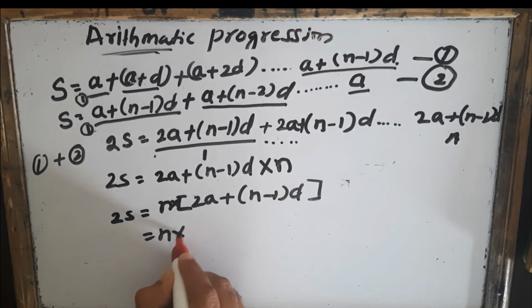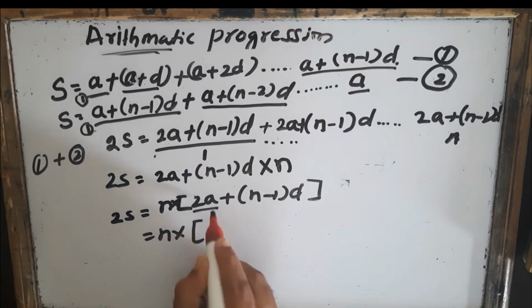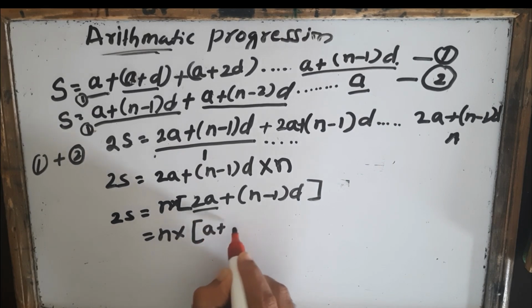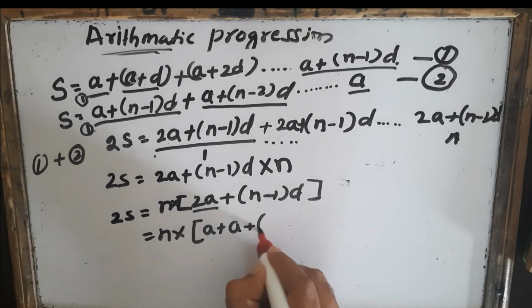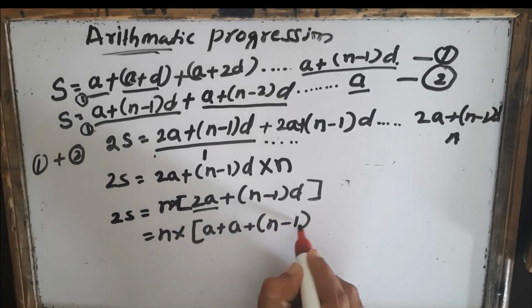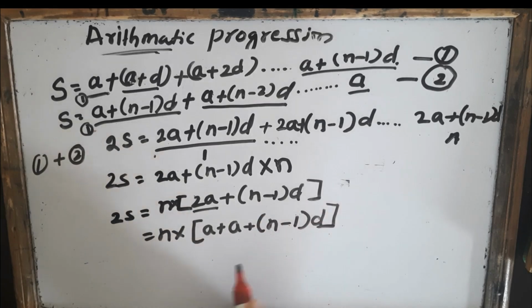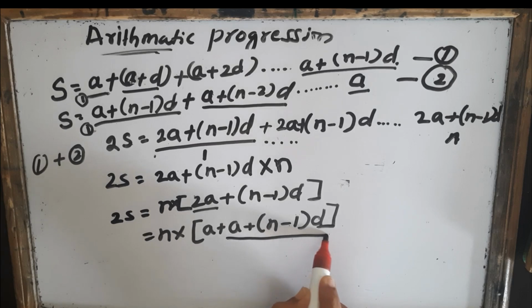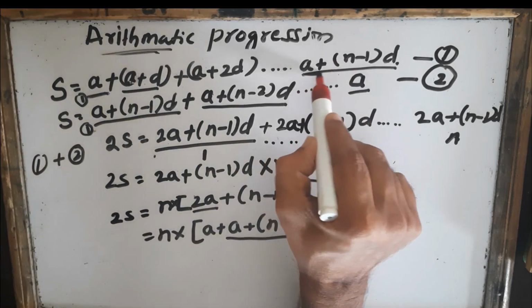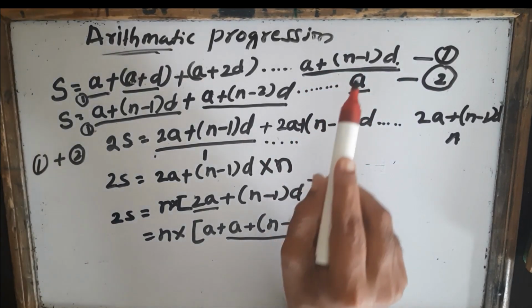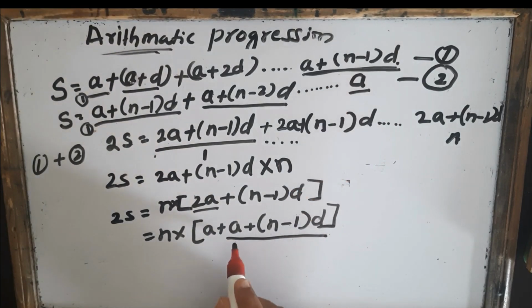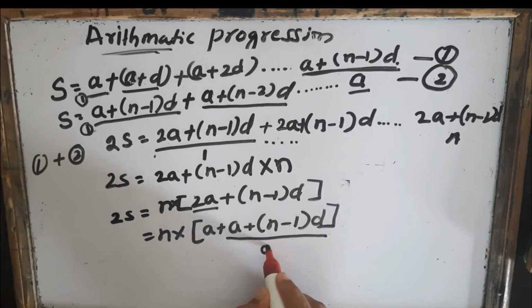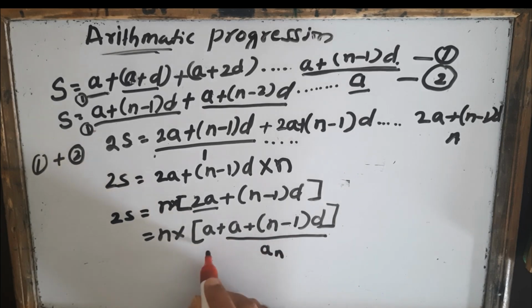Now n into, we split 2a into a plus a plus (n minus 1) into d. Now if you see a plus (n minus 1) into d, this is the last digit of this arithmetic progression. So we can also write this as a_n, that means the nth digit of the arithmetic progression.